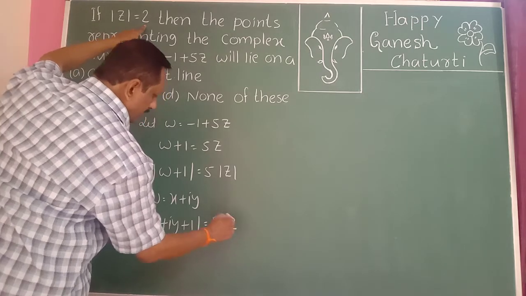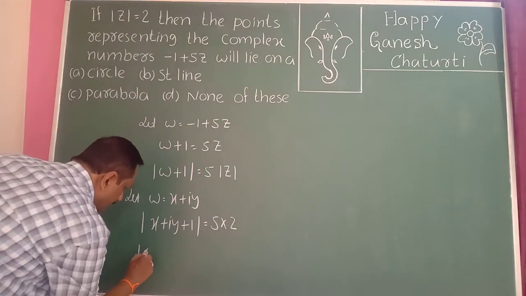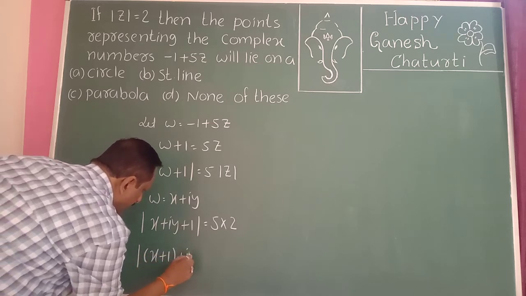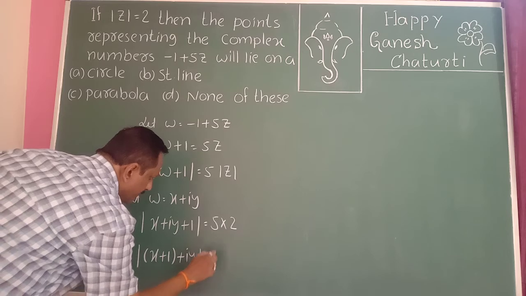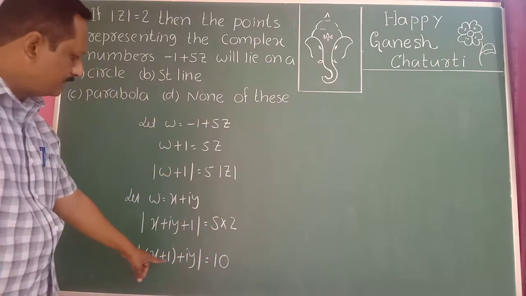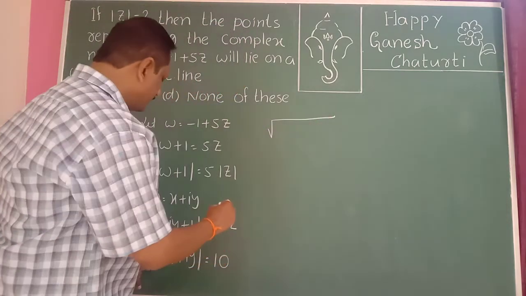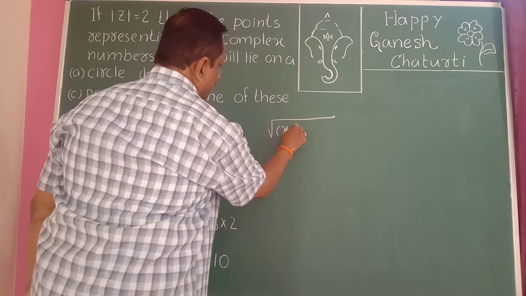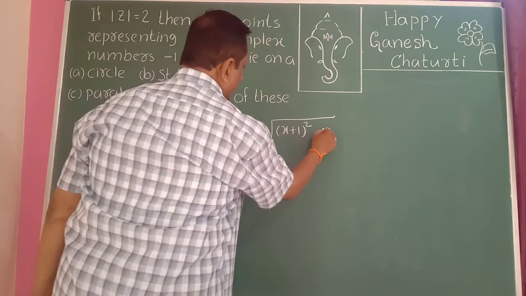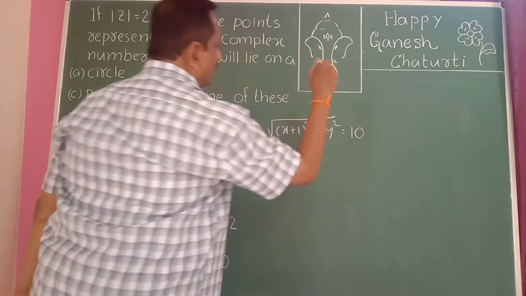Writing the real part together, x plus 1 plus y into i, the modulus of this complex number is given by root of x plus 1 whole square plus y square is equal to 10 here.